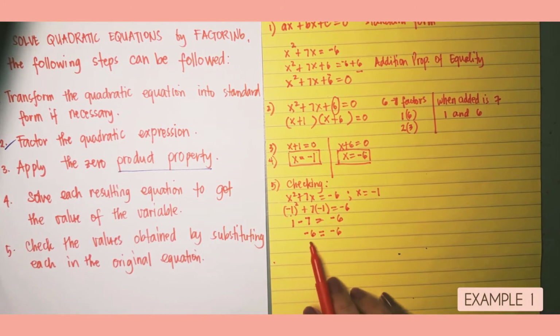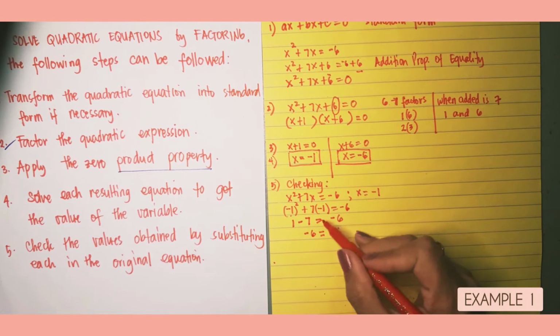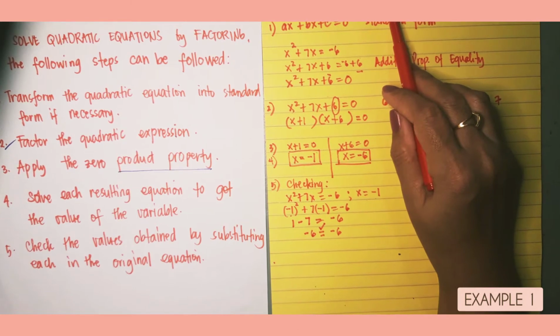As you can see, the numbers on the left and right side of this equation are the same. Therefore, the value of x equals negative 1 is correct because it satisfies the given equation.